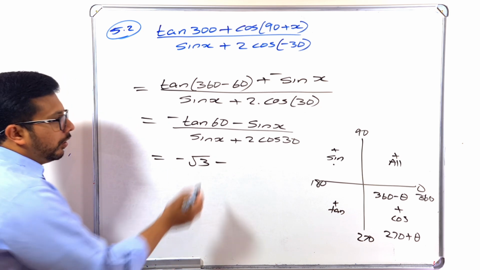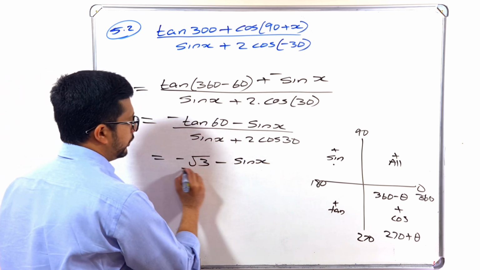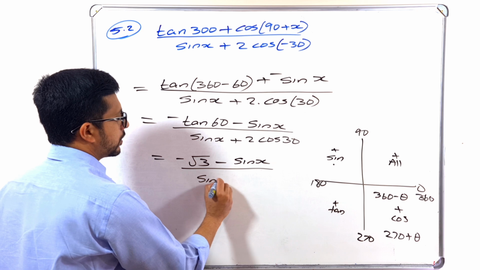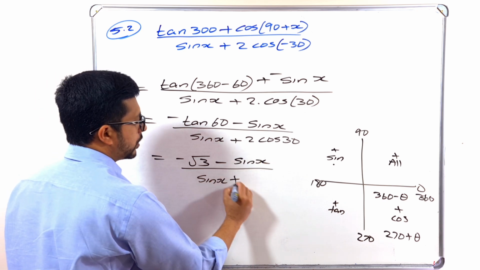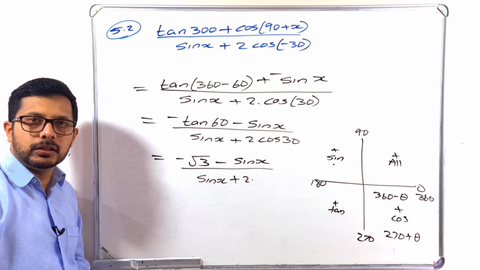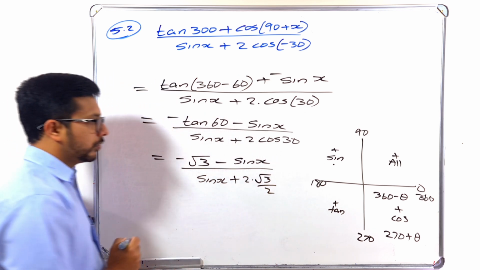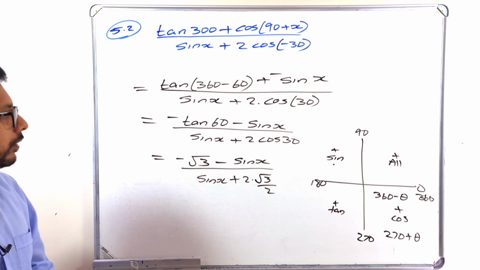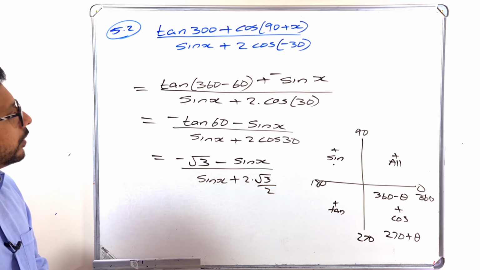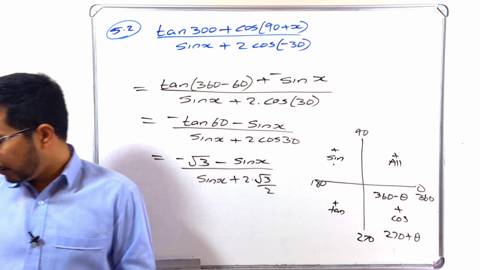Okay, tan 60 is root 3 minus sin x divided by sin x, then plus 2 into cos 30. What is the value of cos 30? Cos 30 is root 3 by 2. Okay, so here minus root 3 minus sin x divided by sin x plus 2 root 3 by 2.